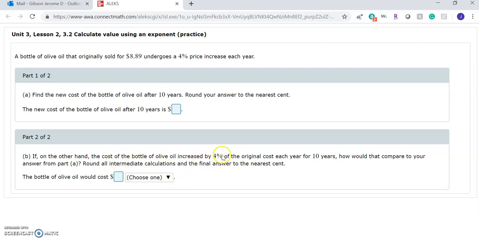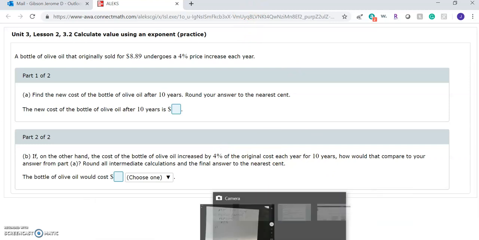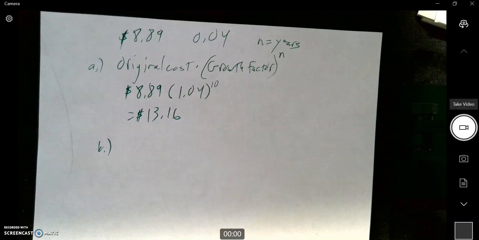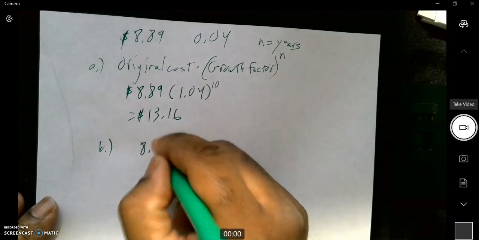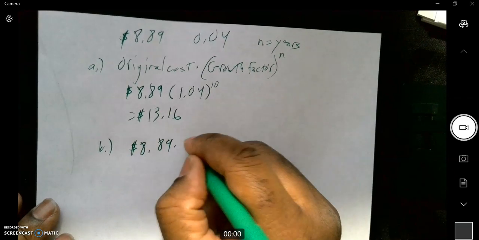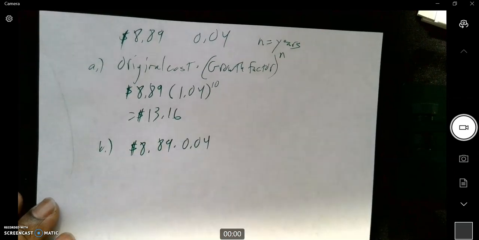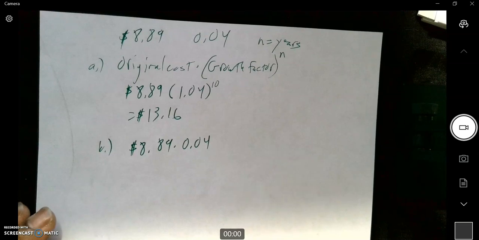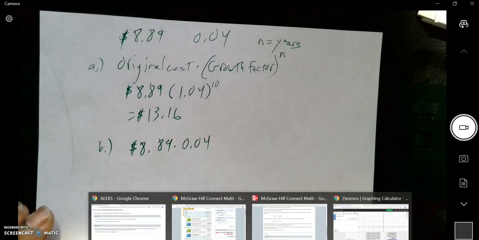Okay, so it says increase 4% every year for 10 years. So let's go back here to the camera. So we will have $8.89, and we will multiply this by 0.04, and we will put that in our calculator.